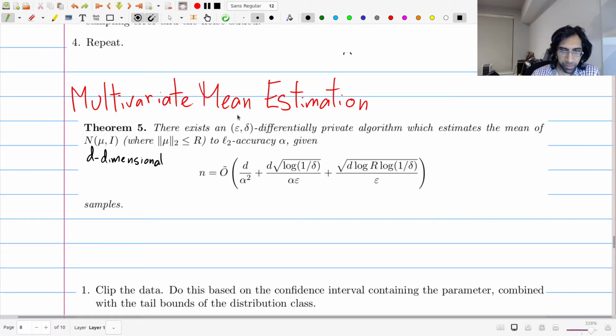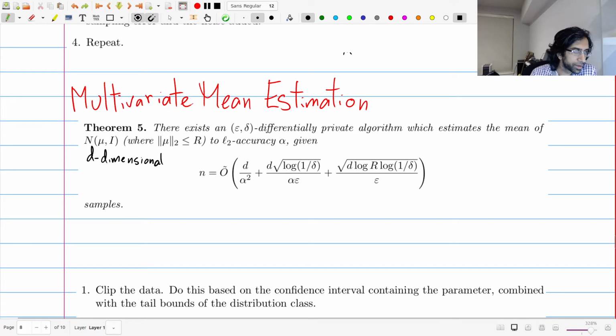In particular, if you move 1 point, this will affect the mean in L2 norm. So that's the issue in terms of why we use Gaussian noise, and approximate differential privacy instead of pure differential privacy.